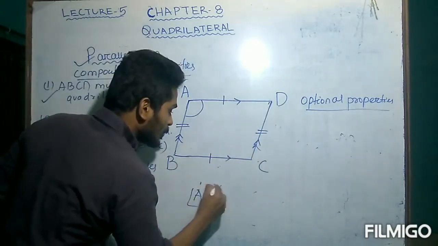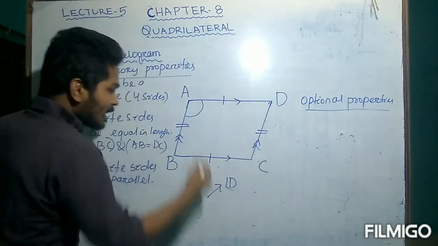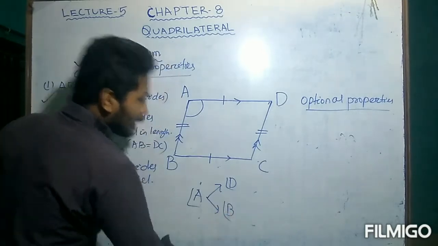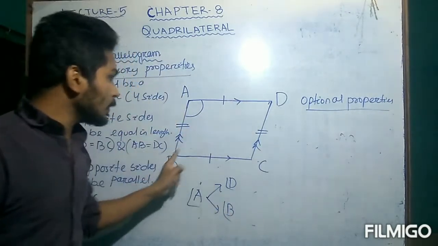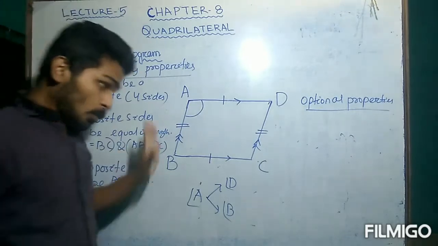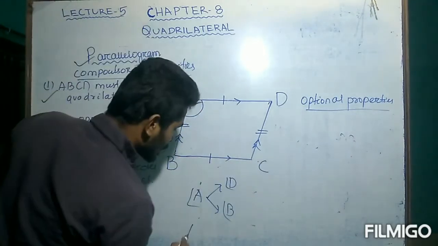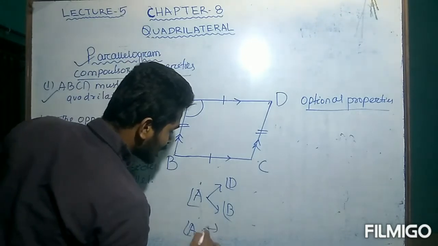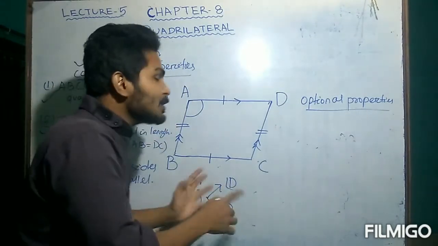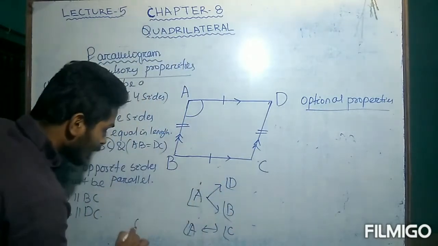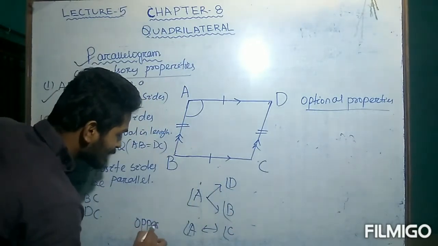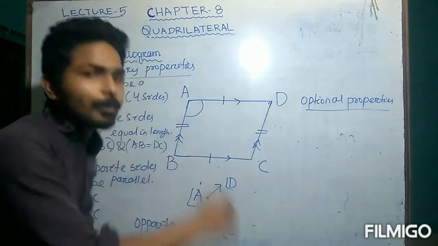This arm is related to angle B, and this arm is related to angle D. So, angle A has two consecutive angles, B and D. Now, which one is the non-consecutive angle of angle A? Tell me, angle C. So, angle A and angle C are non-consecutive. That means they are opposite.